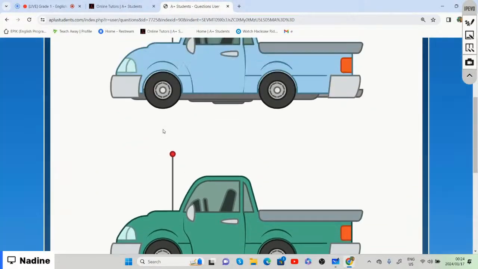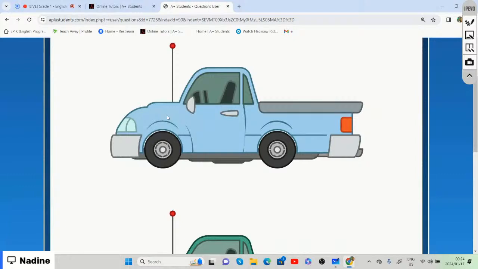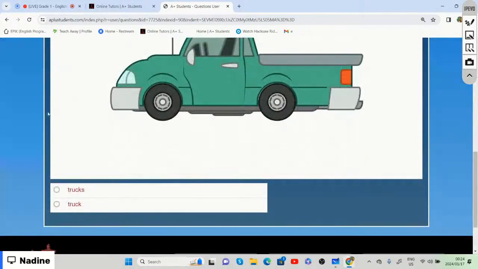All right, so if there's more than one, like there's two, then we will say trucks with an S. Remember, trucks, because we're making mention of more than one truck.